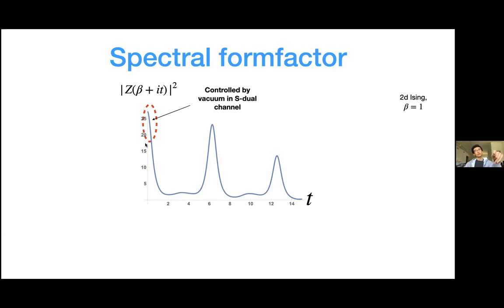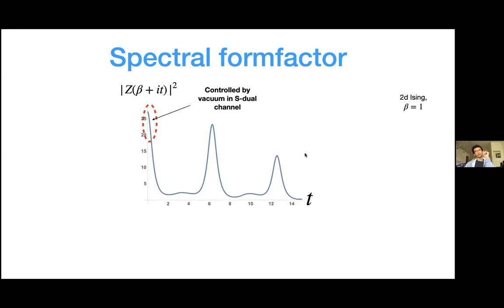Now, in the context of 2D CFTs, this region of small t, when beta is also small, is controlled by the dual vacuum, as we discussed. So we know what's happening in this region, and that's why we constrain the integral to this region. But we don't really know what's happening in the other regions, where it's not completely universal.